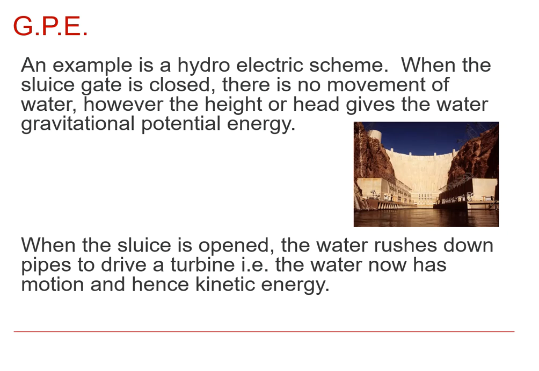So an example where you see this idea in effect is when you have hydroelectric power. In this case we've got a dam which is holding back a load of water, so the water behind the dam is higher than the water on the other side of the dam, and so that water has got potential energy, gravitational potential energy.